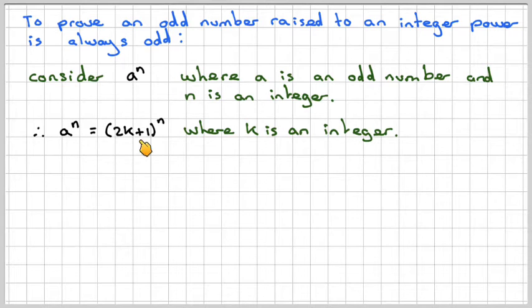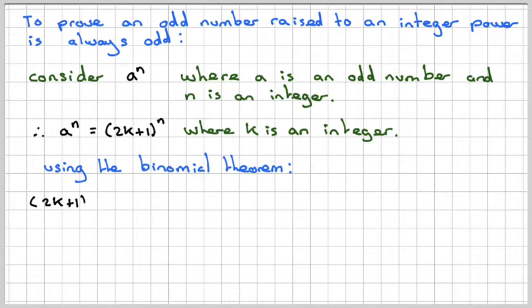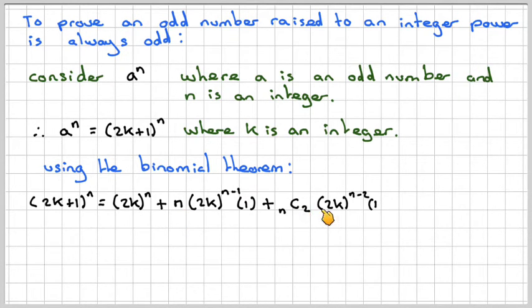So we're going to expand this now using the binomial theorem. So that will be 2k plus 1 to the n will be 2k all to the n, plus n times 2k to the n minus 1 times 1. This is nC1, which is always n. And then the next term will be nC2, 2k to the n minus 2 times 1 squared.